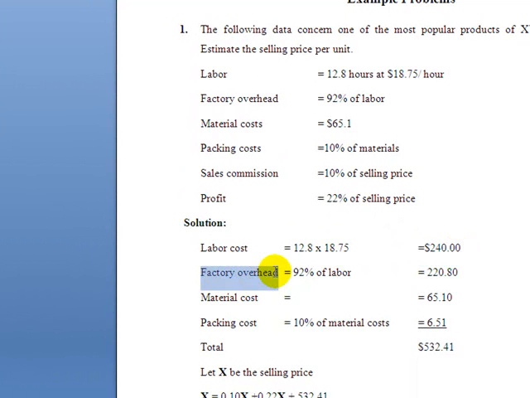Next is factory overhead. Factory overhead, as given in the problem statement, is 92% of the labor cost. So we need to multiply $240, which is direct labor cost, by 0.92. If we do that, we get factory overhead of $220.80.